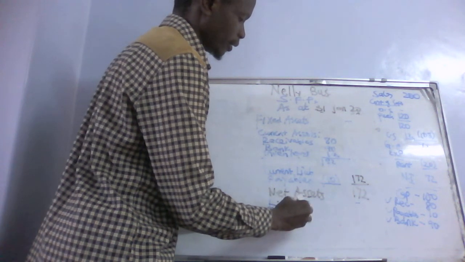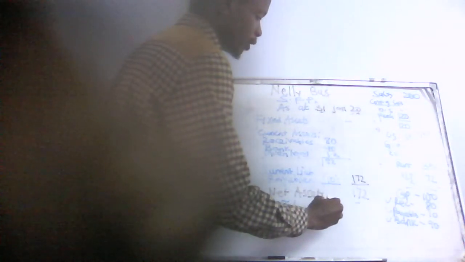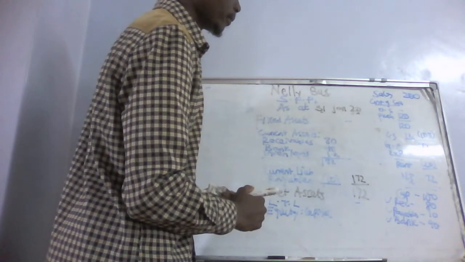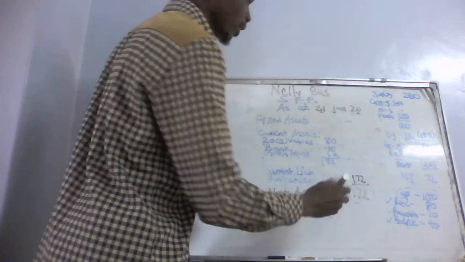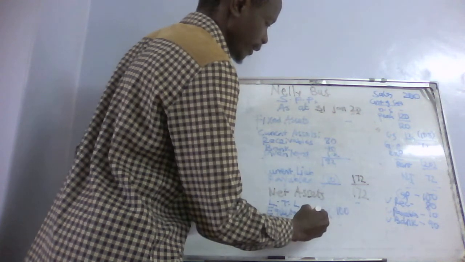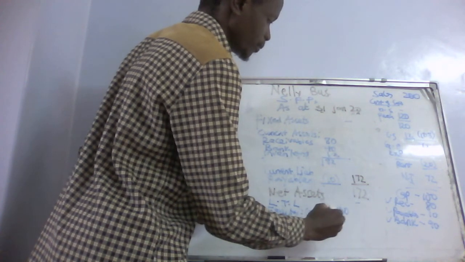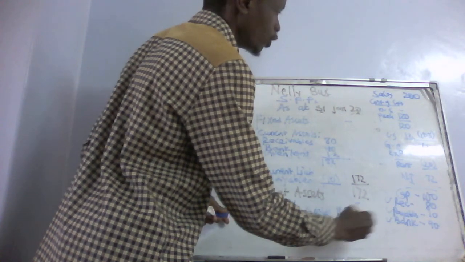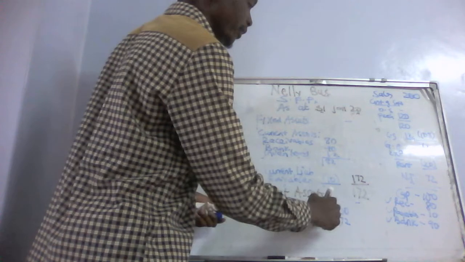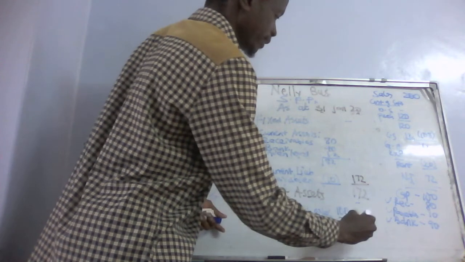Equity here we'll have the initial capital, which was 100,000. So initial capital was 100,000, and then net income for this period was 72,000. So we get this from our income statement. So 100 plus 72 is 172,000.